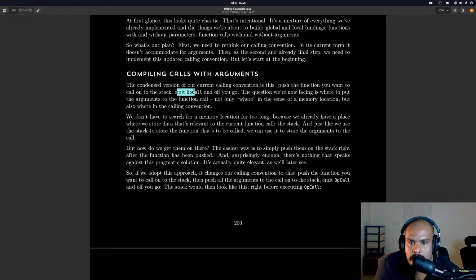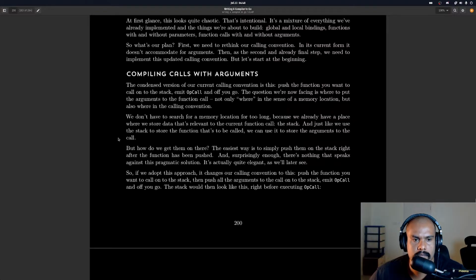The question we're now facing is where to put the arguments to the function call. Not only where in the sense of memory location, but also where in the calling convention. We don't have to search for a memory location for too long because we already have a place. Exactly. Memory is straightforward.